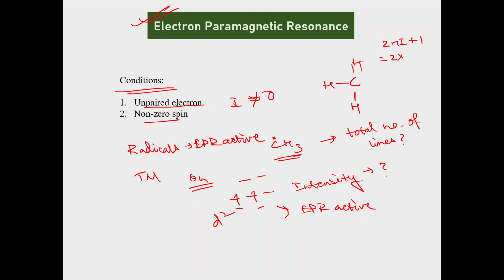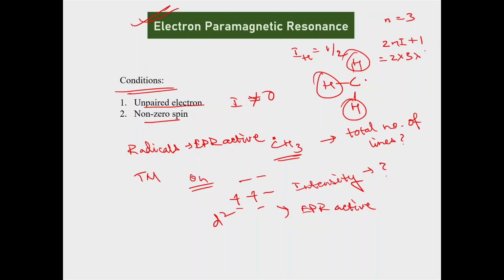So what is n? n is the number of hydrogens. This radical is on C and it is directly connected with 3 hydrogens. So here the n value will be 3 for the presence of 3 H. And what is I? The I of H is half.